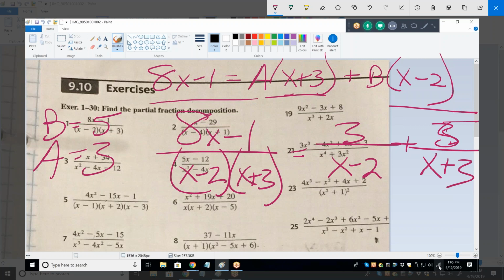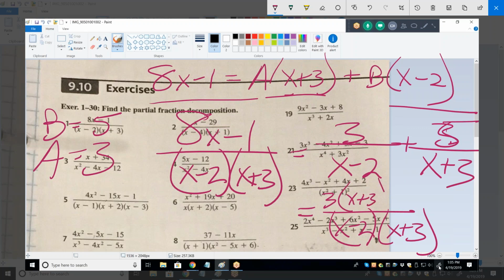Now, the next thing you would probably want to do is solve the right side of that equation to make sure you get the left side. Well, the common denominator is going to be (x minus 2)(x plus 3), and I'm going to have 3 times (x plus 3) plus 5 times (x minus 2).